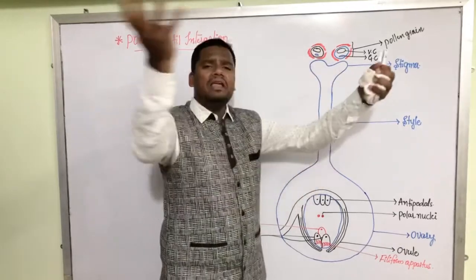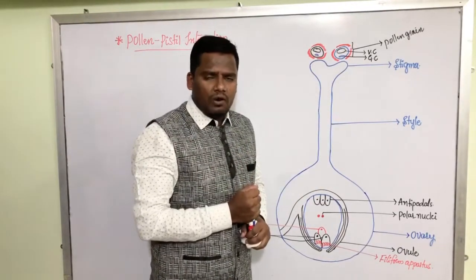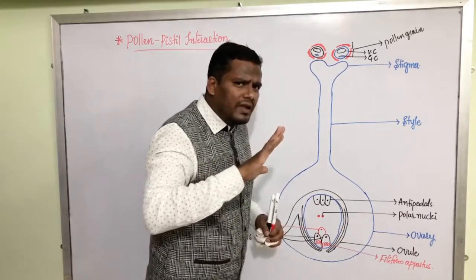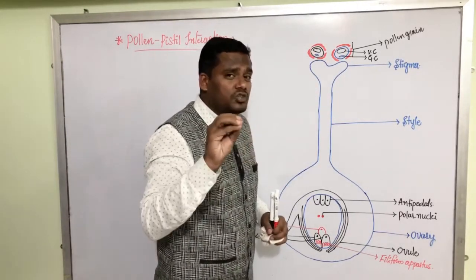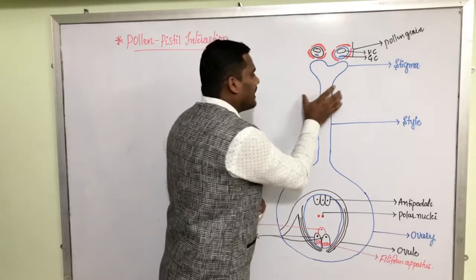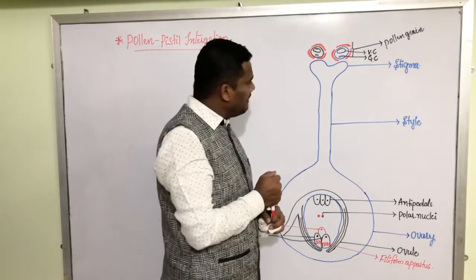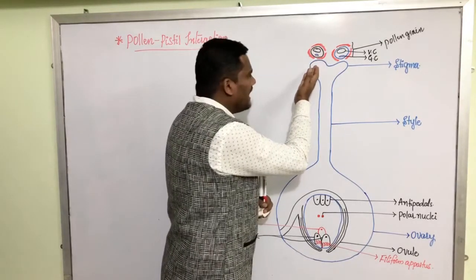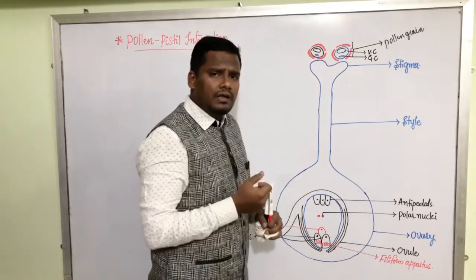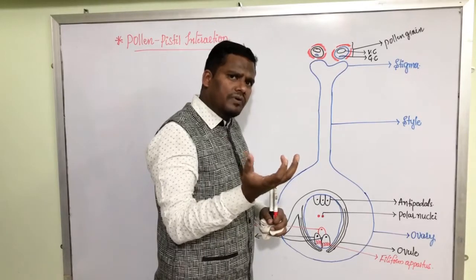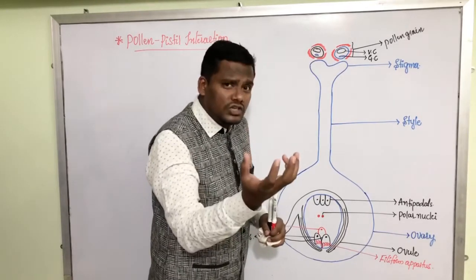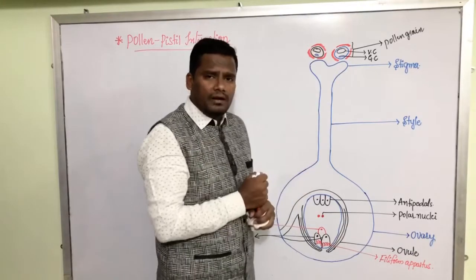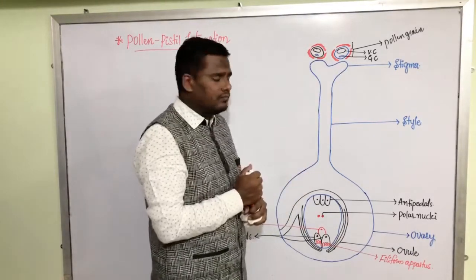They are simply there in the environment. That means pollination does not always guarantee the deposition of the right type of pollen grain on the stigma. There may be pollen grains of mango landed on the stigma of neem. There may be a pollen grain of neem landed on the stigma of the mango. This may happen, and this is happening in the environment.